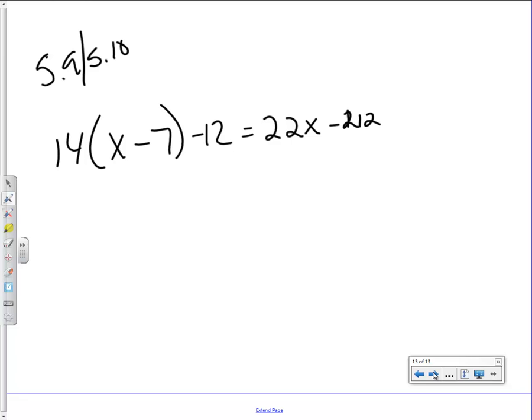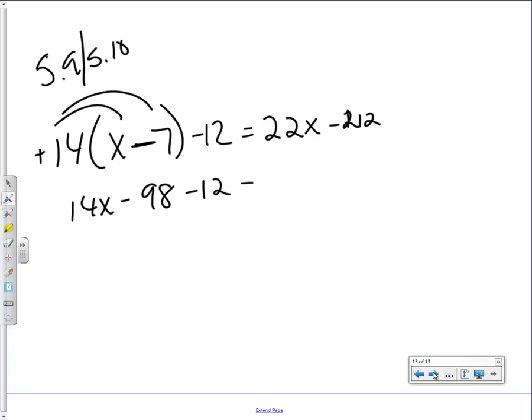Step 1 is to do parentheses, and I can't do anything between the x and the 7 because one's a number and one's x. Those are different categories, okay? I don't have any exponents. I can multiply here, so I'm going to multiply here, and I end up with 14x, and a positive and a negative multiplied together give me a negative. Well, 14 times 7, let me see, gives me negative 98.